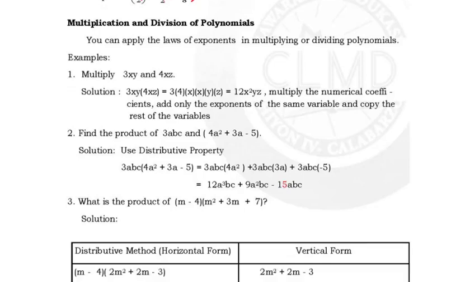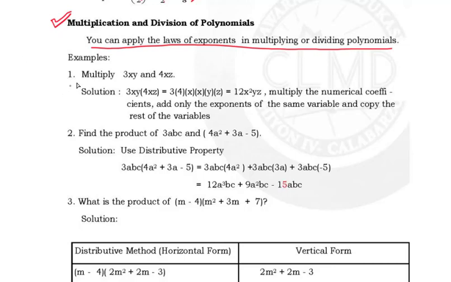Now we move on to multiplication and division of polynomials. How do we multiply or divide polynomials? We will use the laws of exponents here. You can apply the laws of exponents in multiplying or dividing polynomials, so don't forget the five laws we discussed previously.